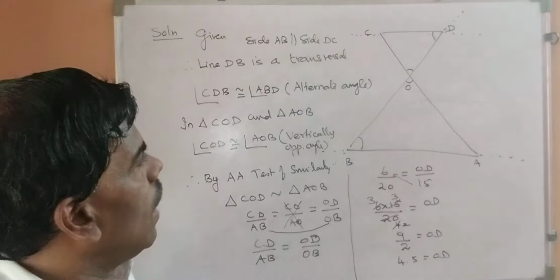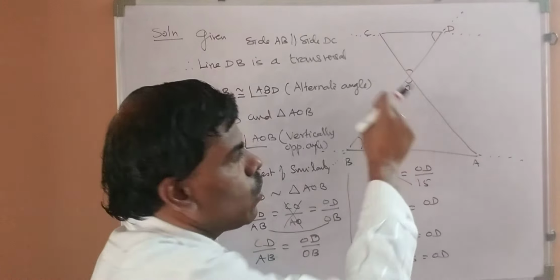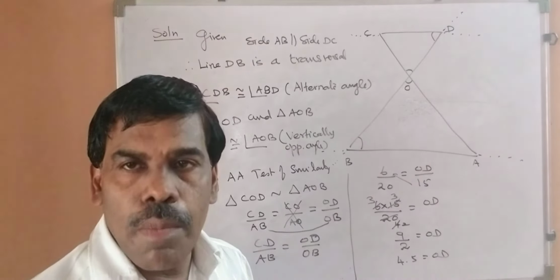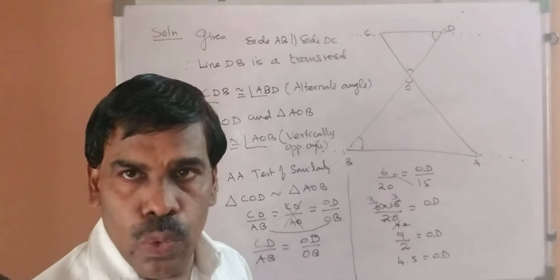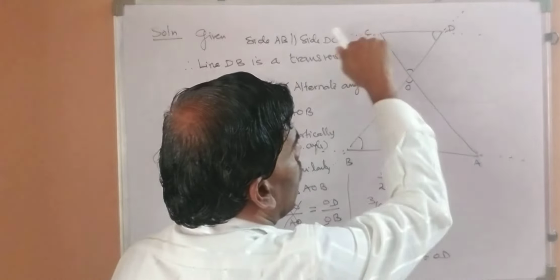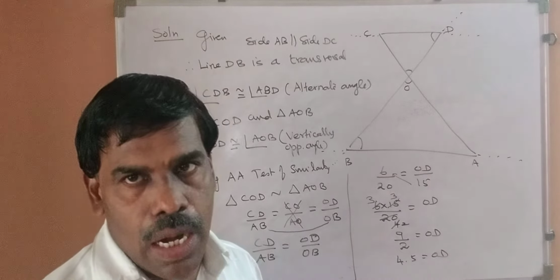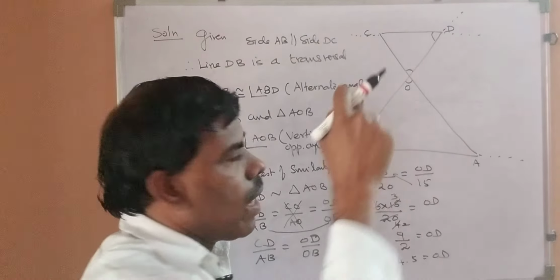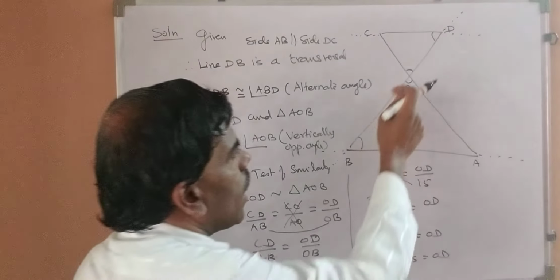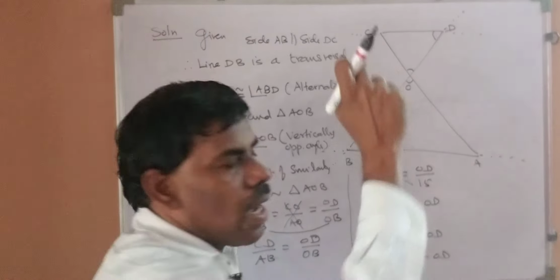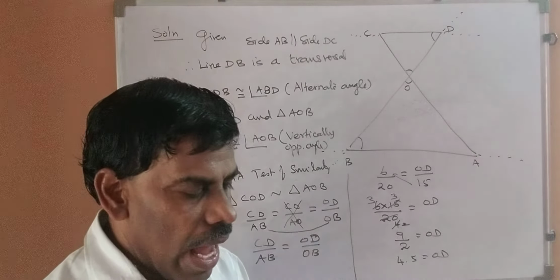Now I will explain again. Here we have proved these two triangles are similar by using the AA test of similarity. First, these two lines are parallel and we have taken DB as a transversal, so this angle and this angle are congruent by the alternate angle theorem. Second, this angle and this angle are both congruent because they are vertically opposite angles.